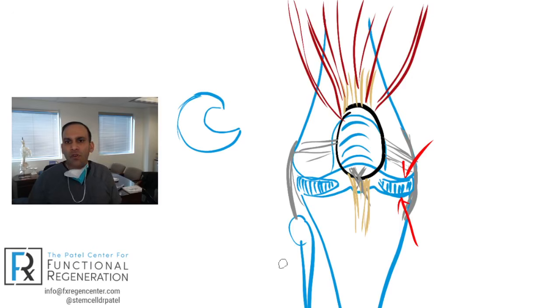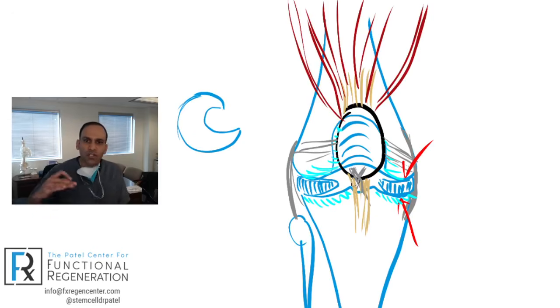But over time, as that shock absorber gets less shock absorby, the cartilage, the smooth surface of the bone which surrounds these surfaces here, starts to wear away. And as that cartilage wears away, the bone underneath starts to get a little rougher, and eventually the bone starts to get bruised. Eventually that bone starts to break down.